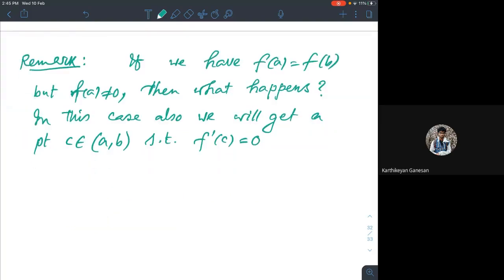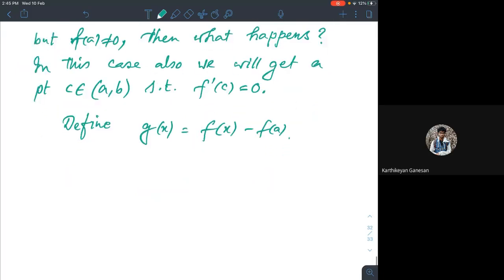How? We define a function g of x to be f of x minus f of a, right?